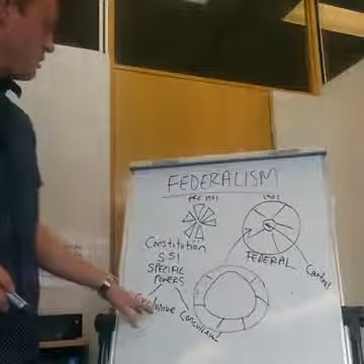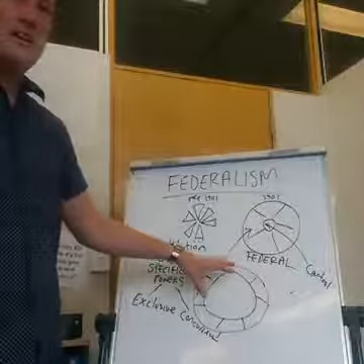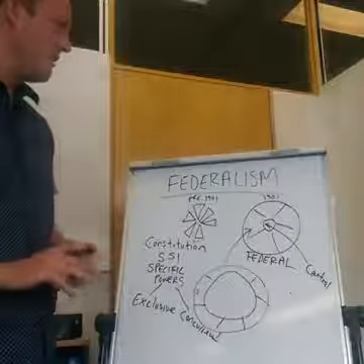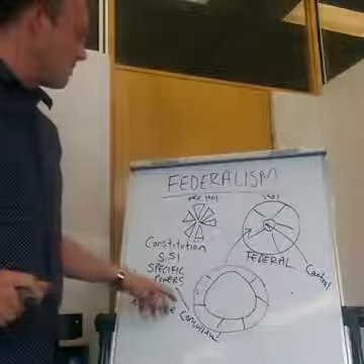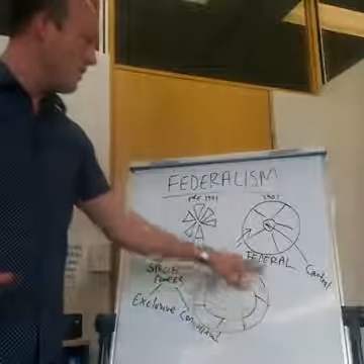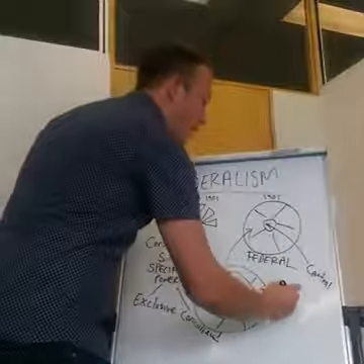Exclusive means only the central government can make laws on that area, whereas concurrent means it's shared. When something's not mentioned in the Constitution, it basically means that the states have control over that, or sovereign power, and that's called residual power.